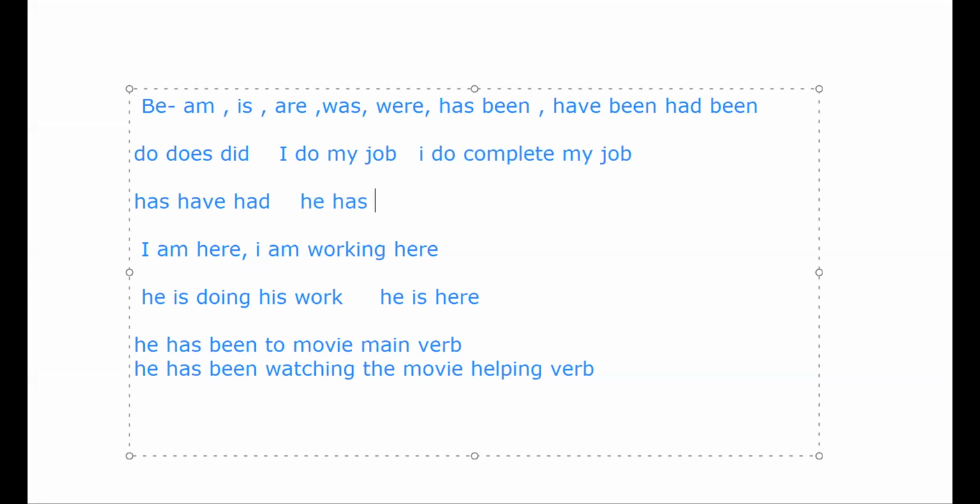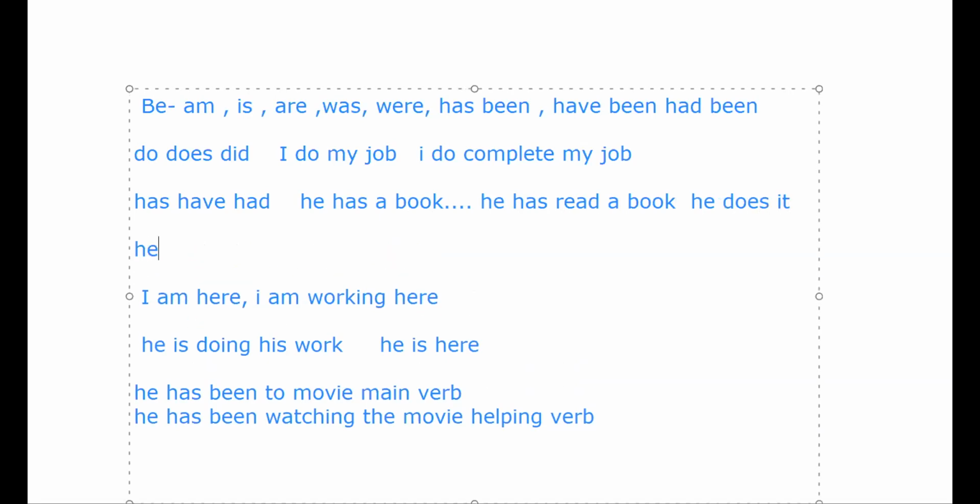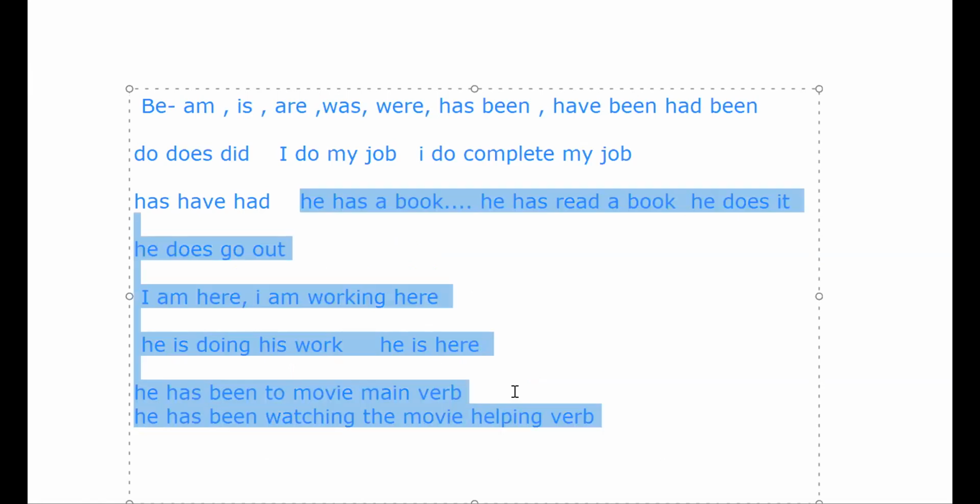He has a book. Main verb. He has read a book. Here, helping verb. He does it. Main verb. He does go out. Helping verb. So I repeat, these can be used as helping verbs or main verbs.